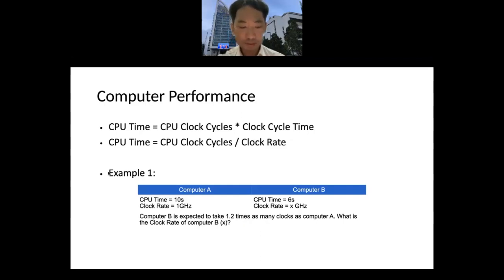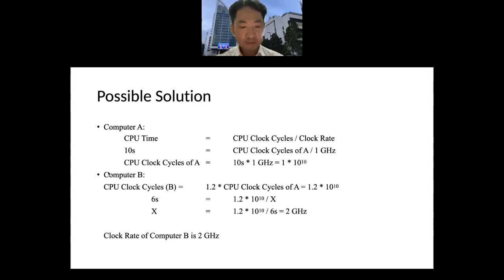This is quite simple. For computer A, we can calculate the clock cycles of computer A, and the clock cycles of computer A is just like this. It's from the simple formula that we just discussed in the last slide. So we know the CPU clock cycles of computer A, and from the equation, we say that the CPU clock cycles of computer B is just 1.2 times that of computer A. So we can calculate the CPU clock cycles of computer B just like this.